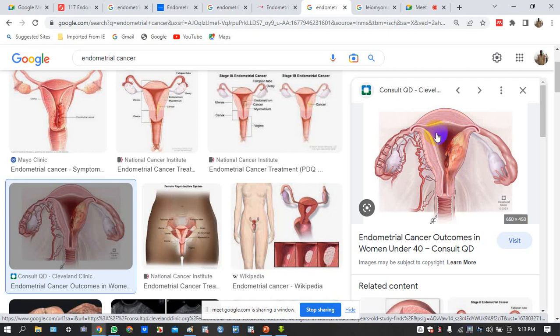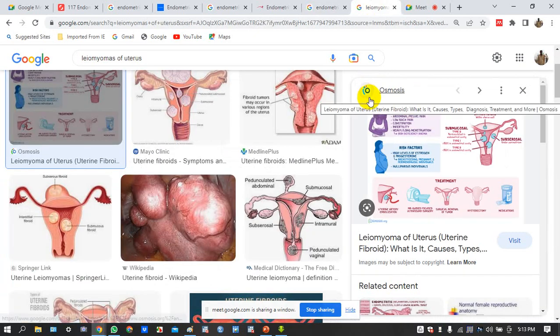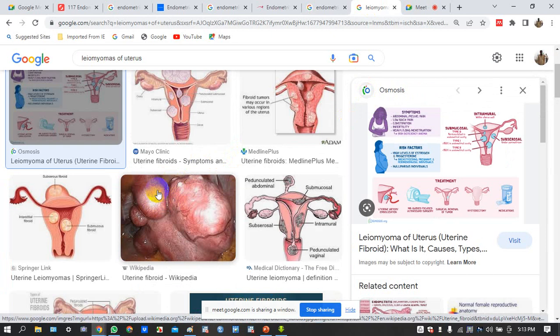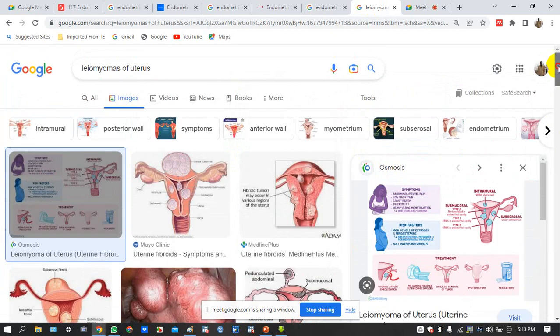If it's cancer, then they start treating the cancer. So every small thing that happens to your wife, make sure that quickly you rush to the hospital, because women are very delicate. So let's look at the leiomyomas, or the fibroid. Anytime you hear myoma, let's look at the spelling well.